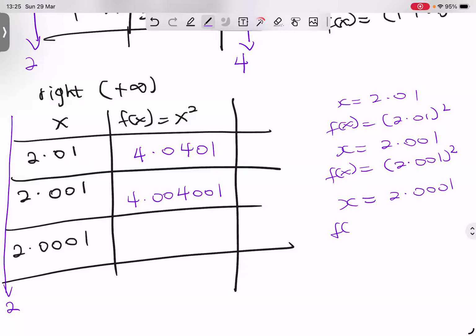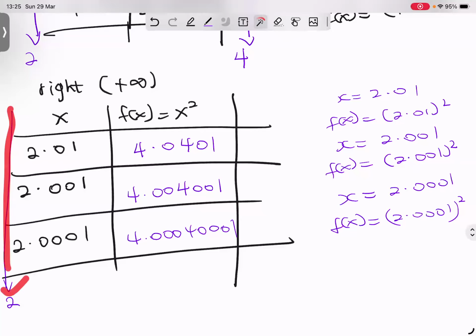Then the last number, where x is equal to 2.0001, our f of x is equal to 2.0001 all squared, that will give us 4.00040001. All right, so let's see what this approaches as x is approaching 2 from the positive infinity direction.